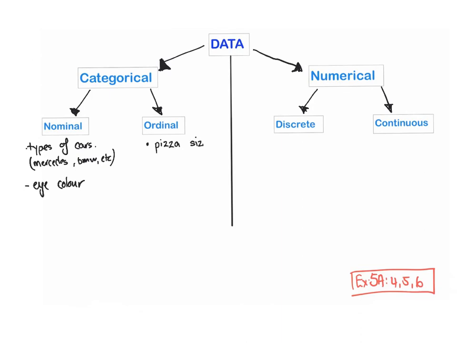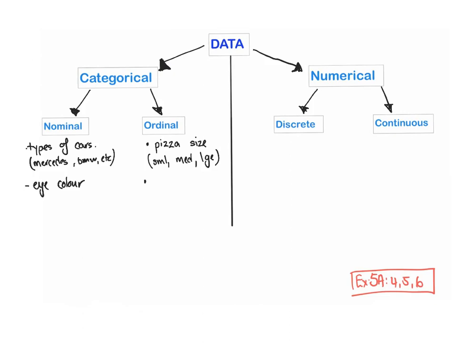You know when you go into a shop and you order a small, medium, large? If someone said they ordered a medium, I have some idea that the small is smaller and the large is bigger than that, don't I? Because of that, it's got an order.